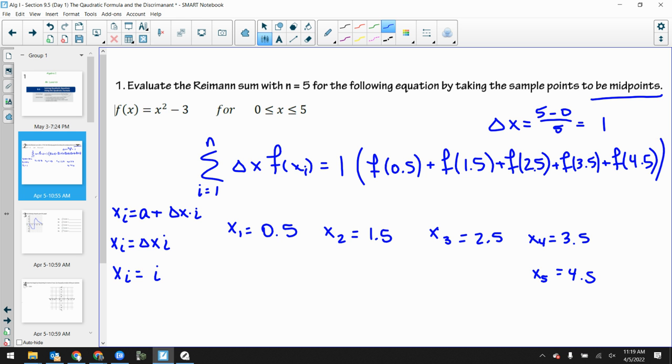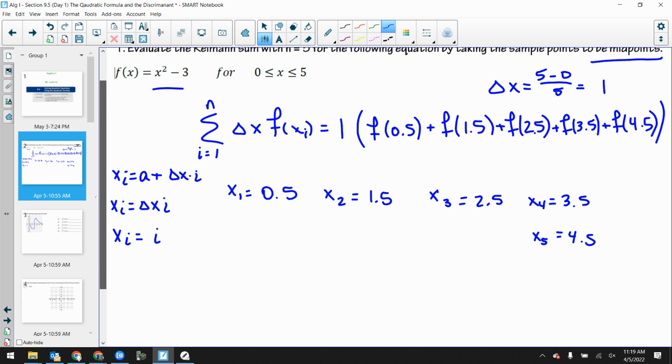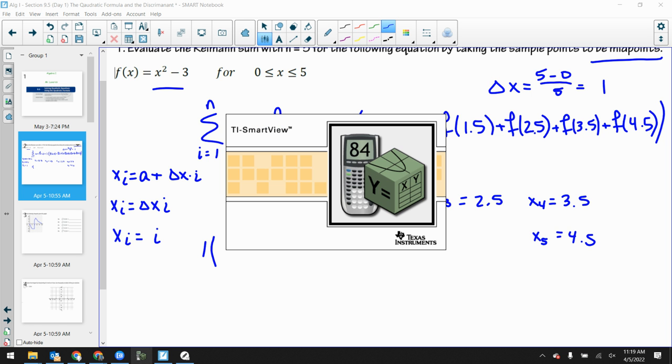That was kind of overkill; I didn't really need to write that in there. Because what am I going to do with all of those values? I just want to plug them in. So it's 1 times, and honestly, why would I write that 1 times? It's just f of 0.5. So let's plug in 0.5.